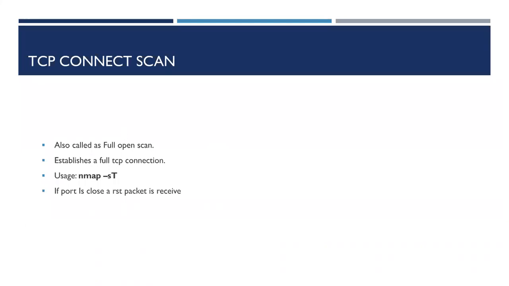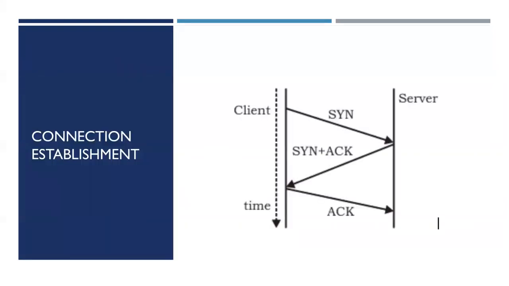which is why a TCP connect scan is a bit of a noisy scan. So how does Nmap detect if a port is open or closed? Whenever the TCP connect scan is happening, the open port is detected by the reception of an SYN-ACK packet from that side. So let me tell you.